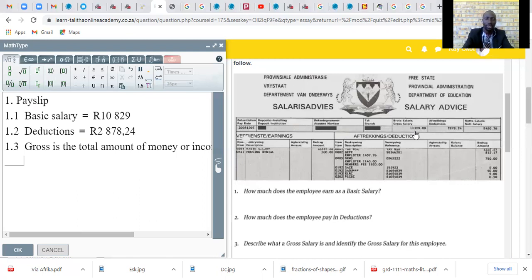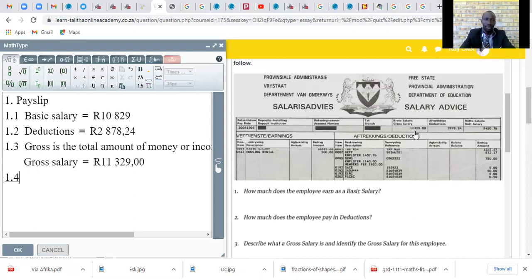So we say gross salary will be equal to 11,329.00. Yes, that is what we have for our gross salary.